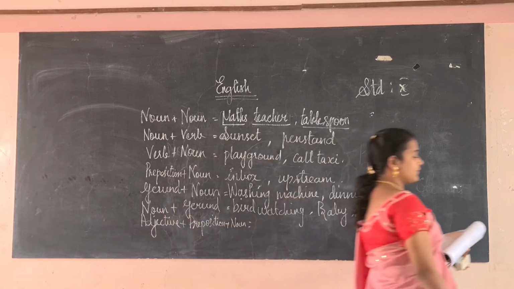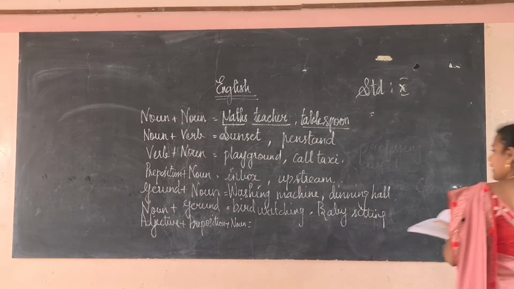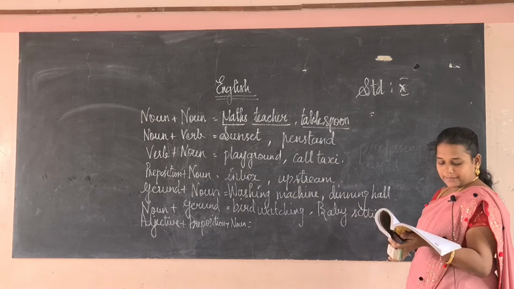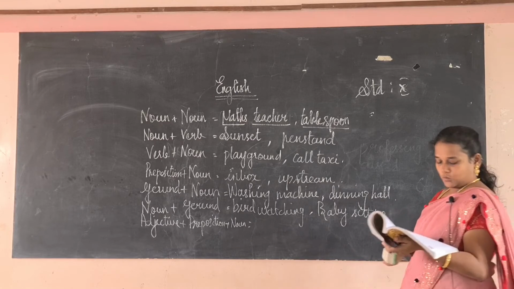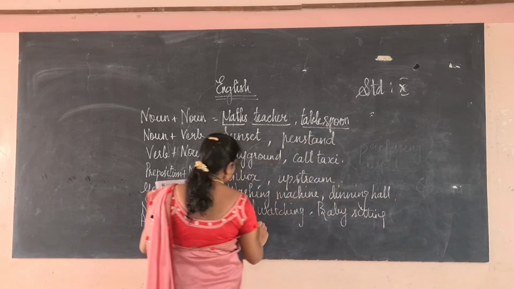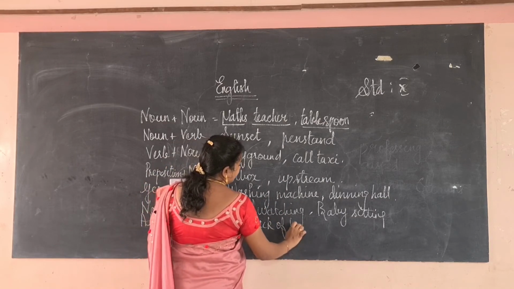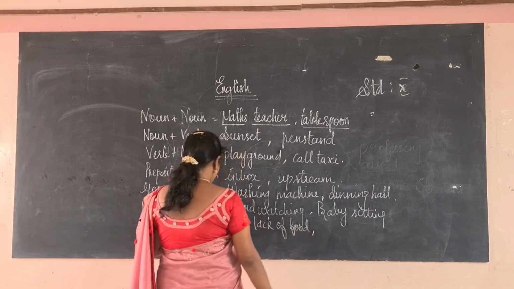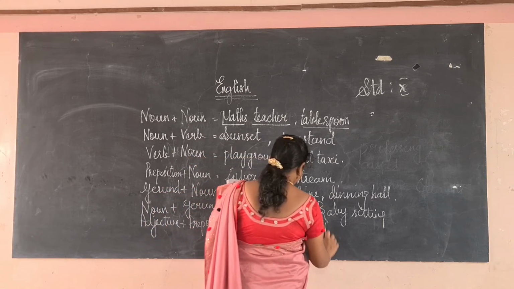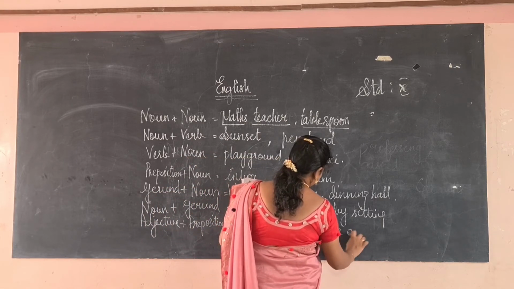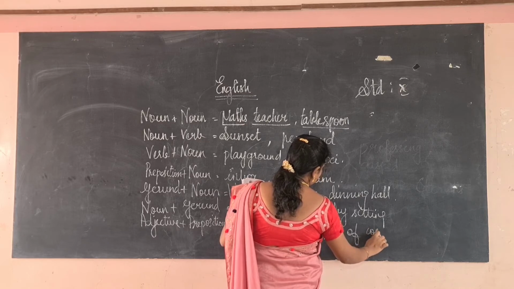Good for nothing. Adjective is good, for is a preposition, nothing is a noun. So we will write lack of food. Another one, free of cost or free of dust. Anything we can write. Free of cost.